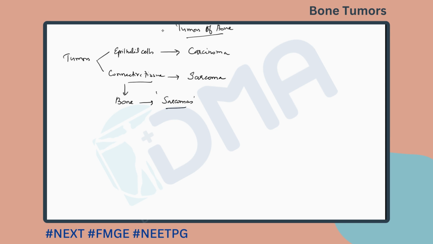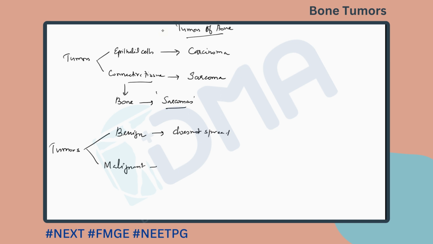Any tumor is divided into two broad categories. One is benign tumor, another one is malignant tumor. A benign tumor does not spread anywhere.